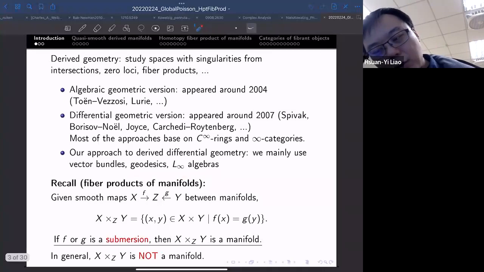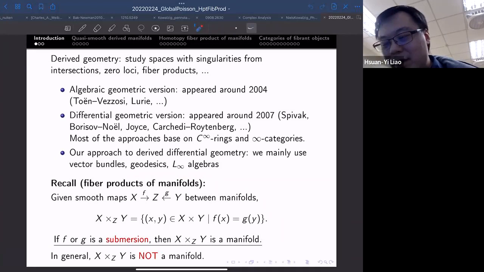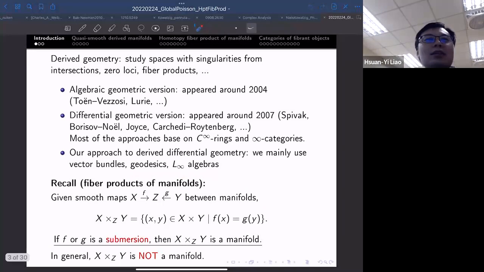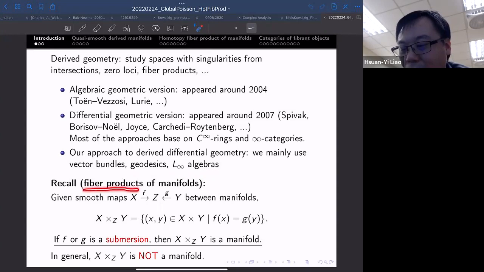Before we start, let me start with a very elementary theory. Basically, I will talk about fiber products. I will try to show you a way to study fiber products, and by fiber product, I just mean the most naive fiber product.